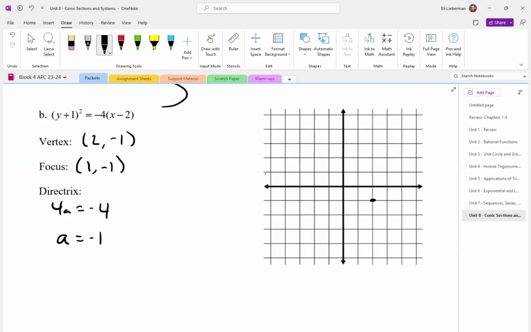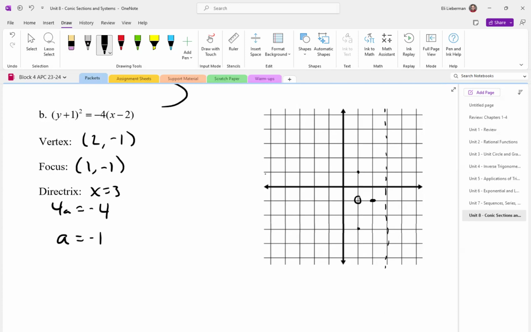Do we agree with that? Okay. Which means that the directrix is at x equals 3. Do you want to keep going? Yeah. You know that the first point is at 1, 1, and then reflected across down to 1, -3.